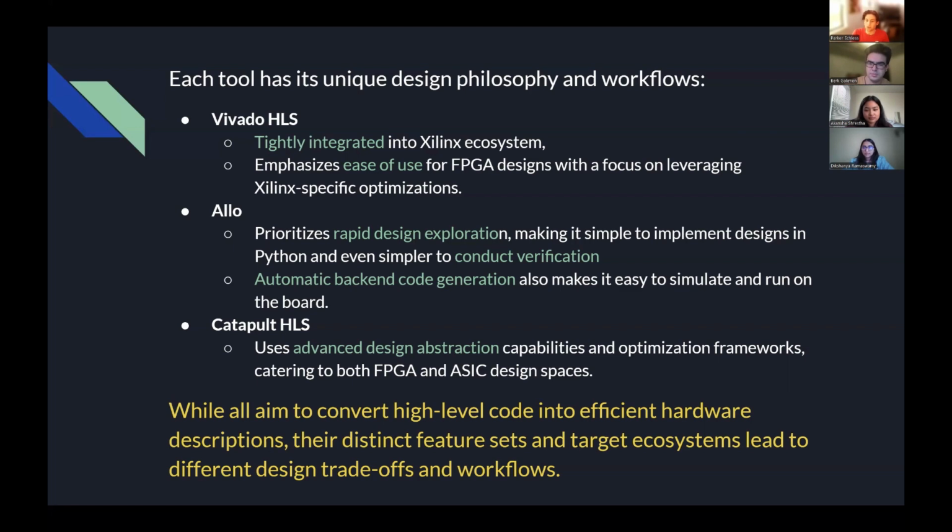Automatic backend code generation also makes it incredibly easy to simulate and run on FPGAs. Catapult HLS uses advanced design abstraction capabilities and optimization frameworks, which instead caters to both FPGA as well as ASIC design spaces. So while all aim to convert high-level code into efficient hardware descriptions, their distinct feature sets and target ecosystems lead to very different design trade-offs and workflows, as you've seen throughout the presentation.